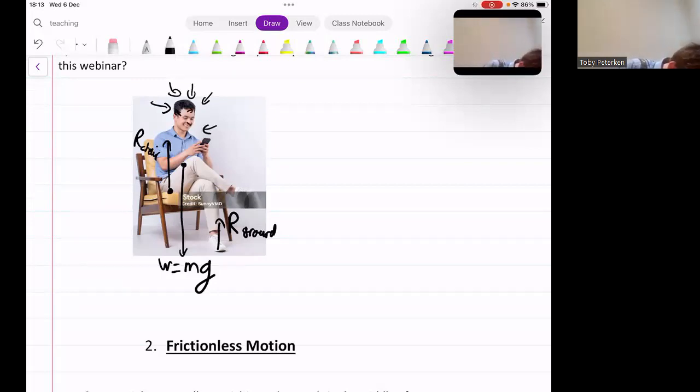So there's force from the air outside and the air inside, and these cancel out. So the main ones are going to be your weight and then the reaction force from the chair and the ground. Does that make sense?